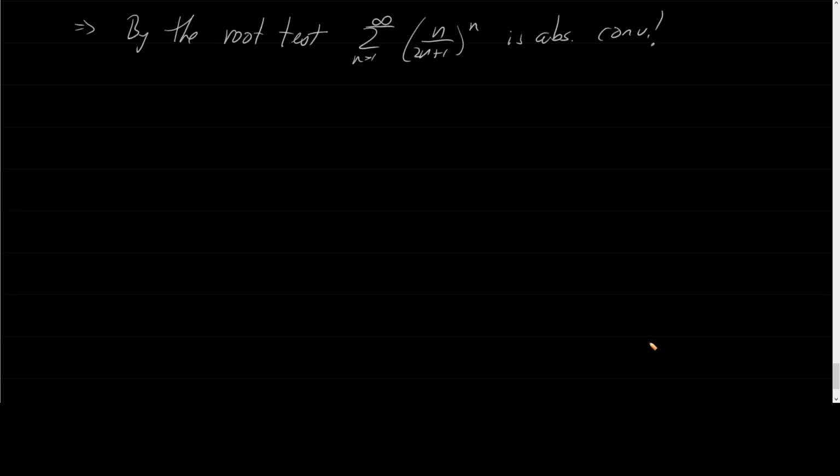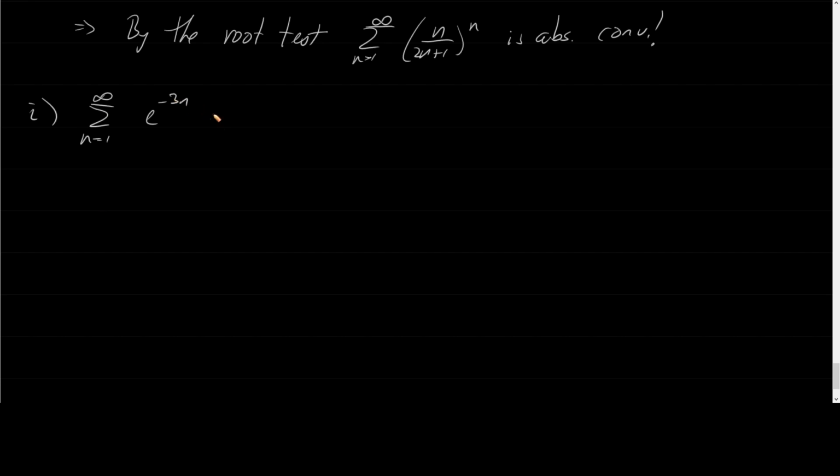I. So let's say that we had the series from n equals 1 to infinity of e to the negative 3n. Well, let's see.